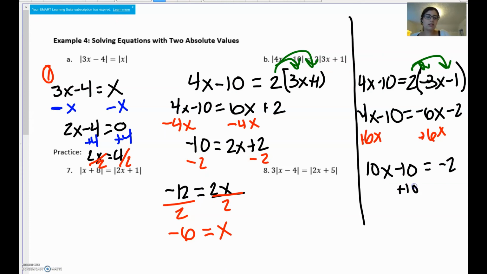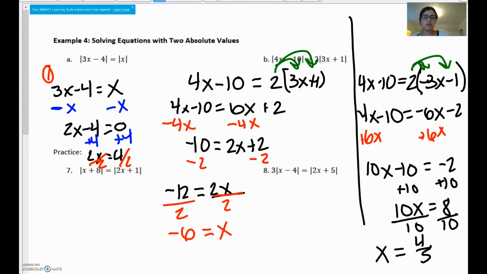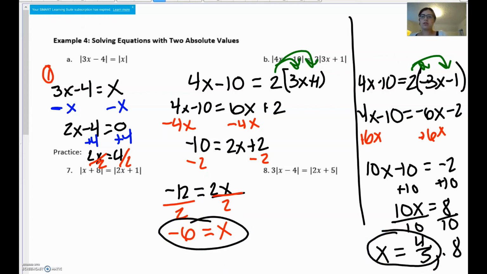Then I'm going to add 10 and add 10. We'll get 10x equals 8. Then we're just dividing by 10, x equals 4/5. And your calculator can also tell you that that is just 0.8. Both answers work. So we have x equals -6 and we have x equals 4/5.